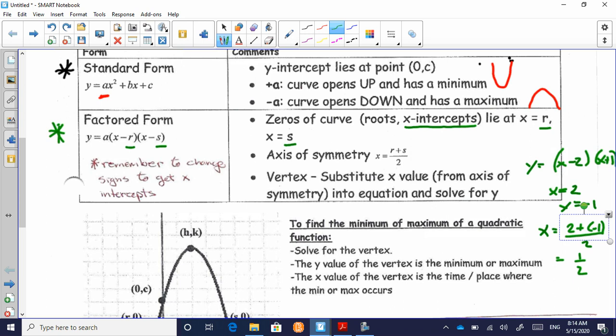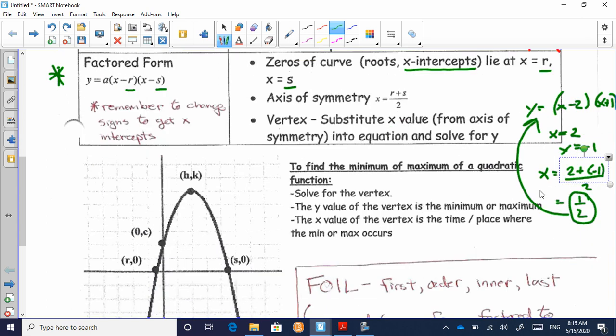And for the vertex, all you'd have to do is sub in this x value from your axis of symmetry back into your original equation, and that would give you the y value of your vertex. So that's a neat way of getting the vertex.